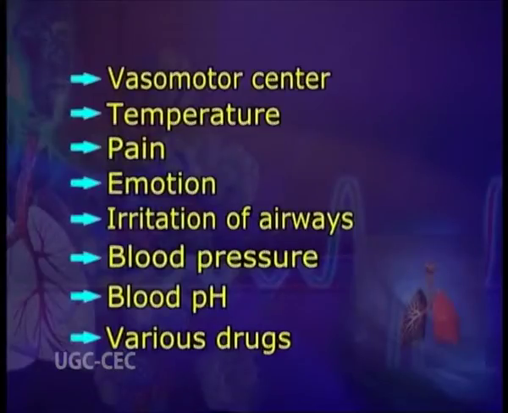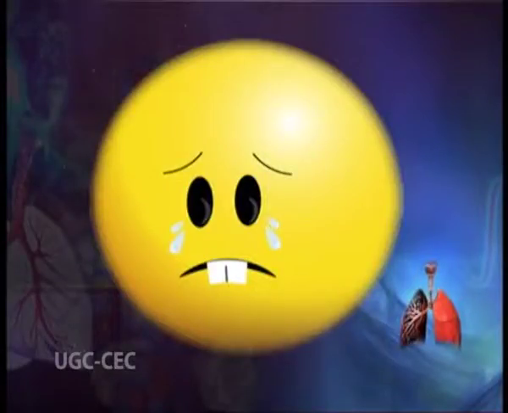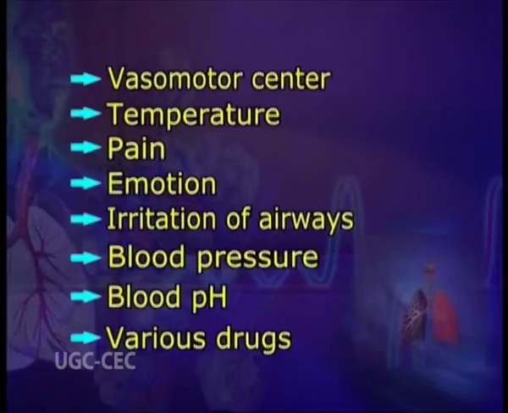Emotion. Emotions involve physiological changes within the entire body. Breathing is primarily controlled for metabolic and homeostatic purposes. However, breathing can also change in response to changes in emotions such as sadness and happiness. Irritation of airways.